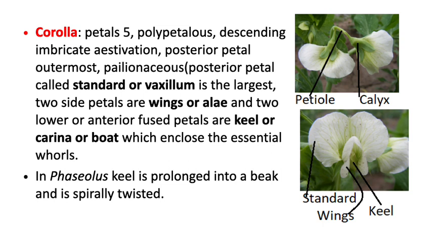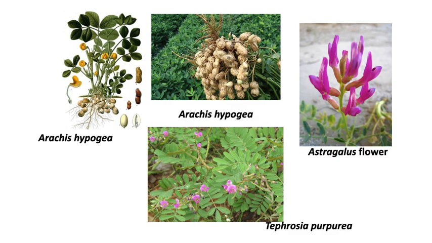The two side petals are wings or alae, and two lower or anterior fused petals are called keel or carina or boat, and these two anterior fused petals enclose the essential whorls, that is androecium and gynoecium. In Phaseolus, keel is prolonged into a beak and is spirally twisted. These are the photographs of Arachis hypogaea, Tephrosia purpurea, and Astragalus flowers.